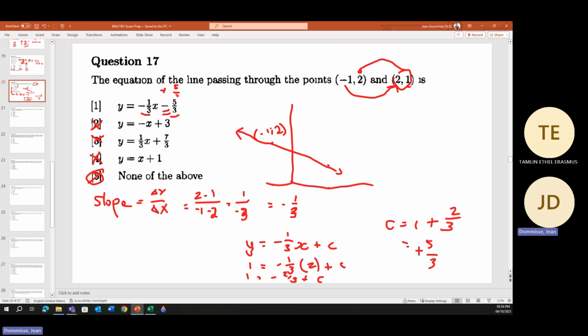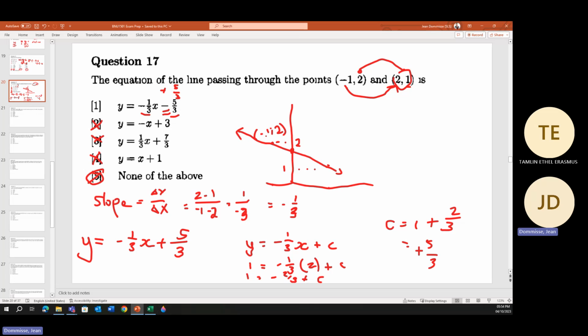And you can see from this sketch as well, that is between y2 and y1. So it does go between the two positives, 1 and 2. So it should be up there, so it must be positive. So in this instance, it would have been none of the above, because your answer would have been y is equal to 1 minus 1 over 3x plus 5 over 3.